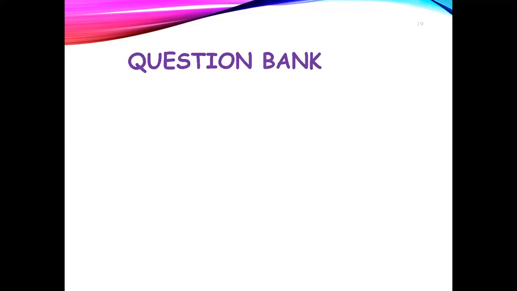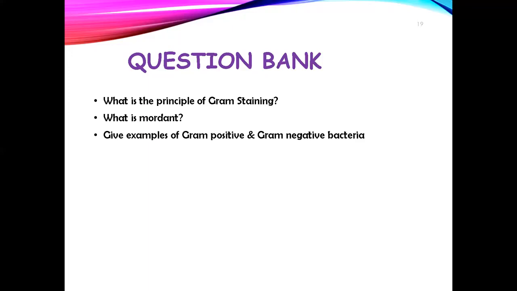So question bank for this practical, that is, what are the possible questions that can be asked in synopsis and viva. So very first is, what is the principle of gram staining? What is mordant? Give examples of gram positive and gram negative bacteria.